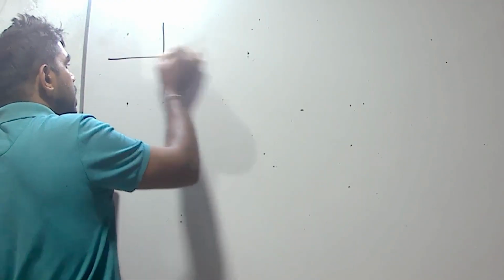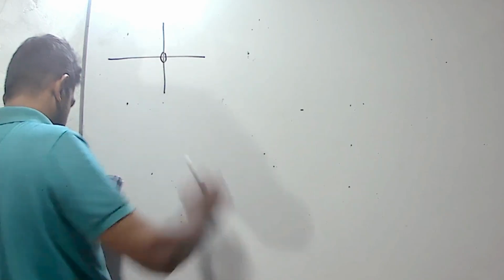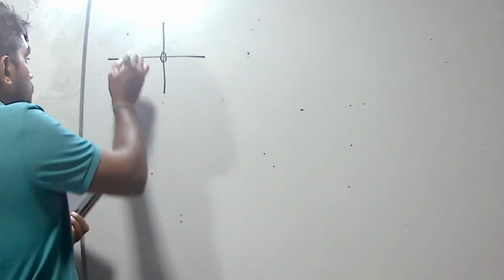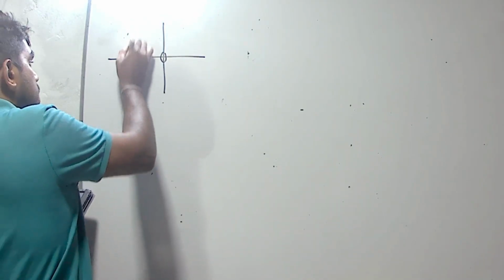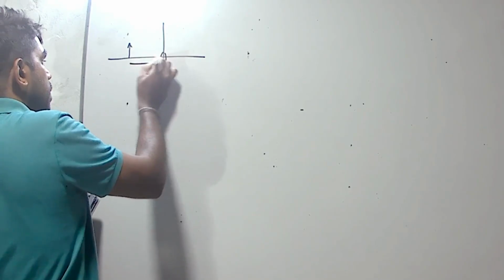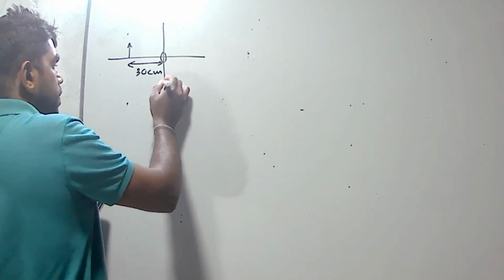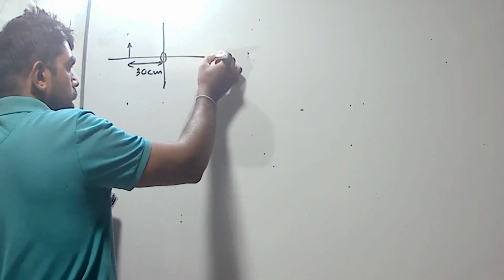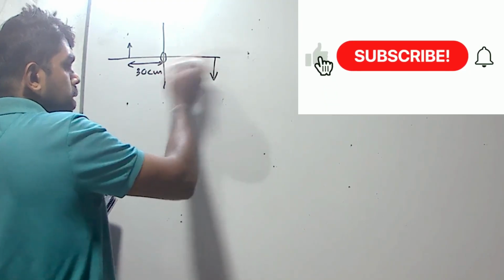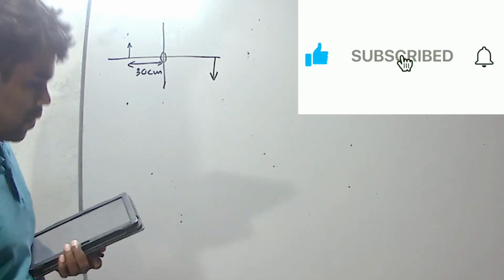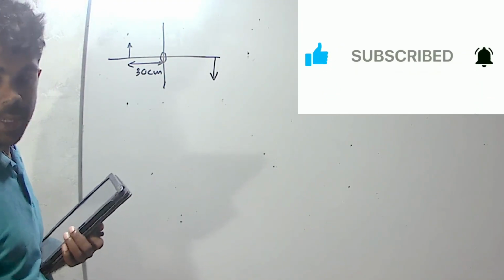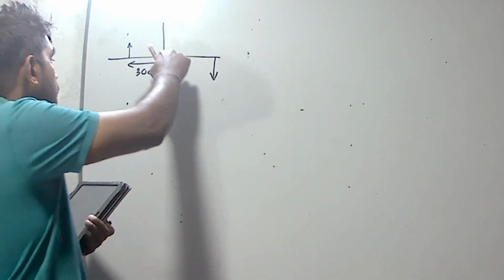For the first condition, the object distance is 30 centimeters. Then we can obtain an image on this side. We know that we can get the image behind the lens by using a convex lens.